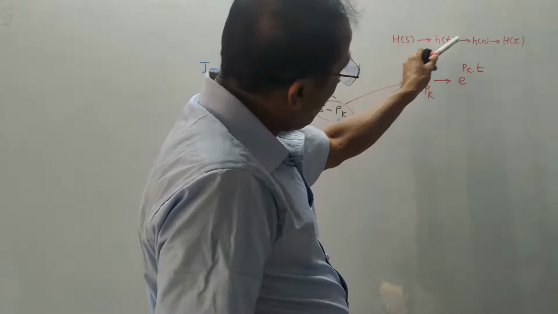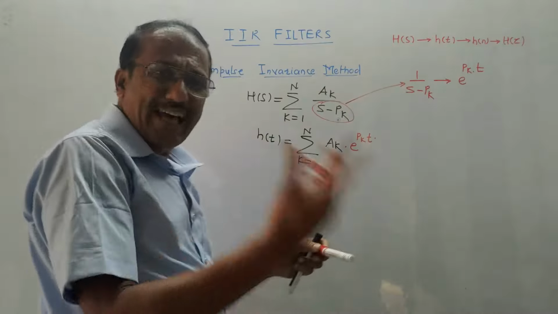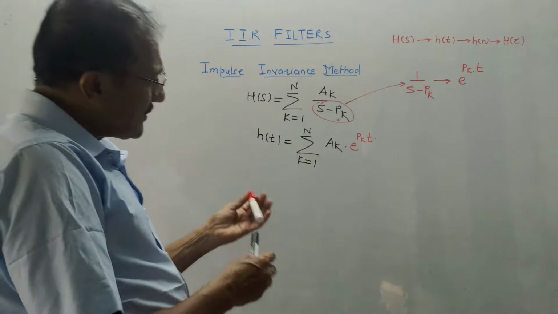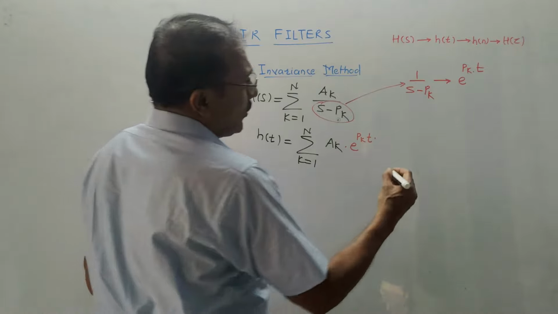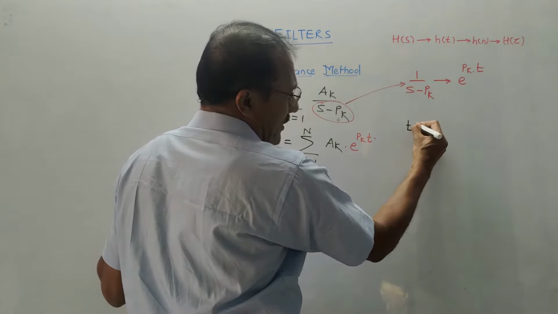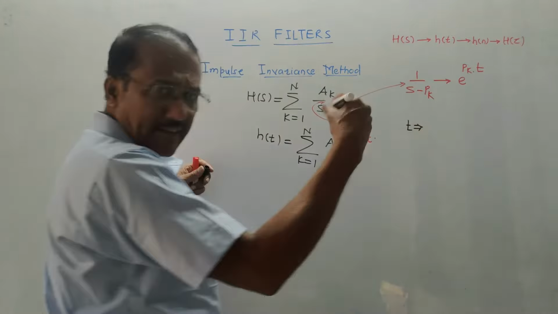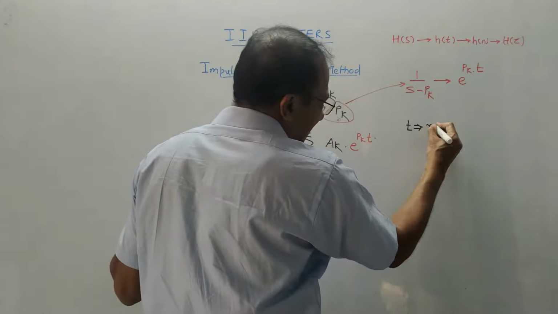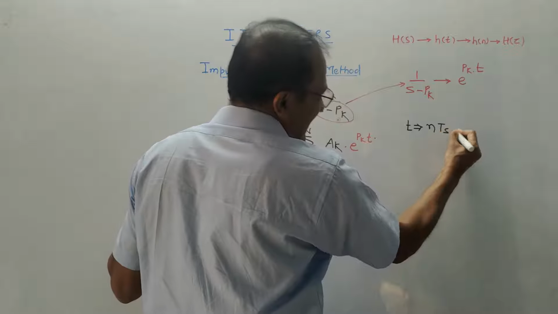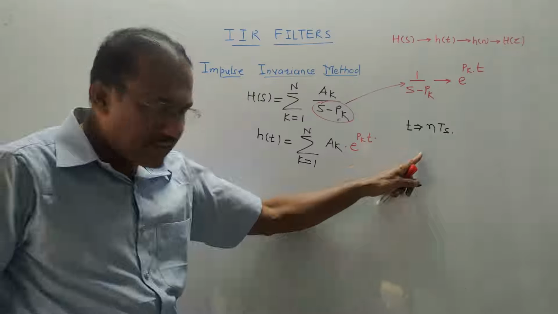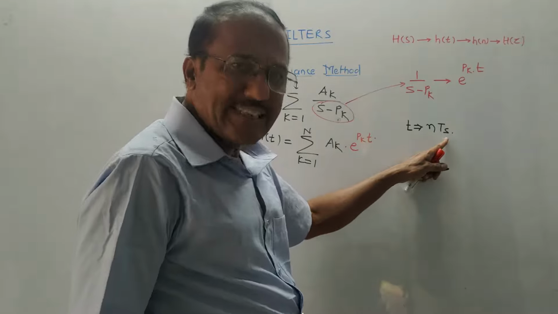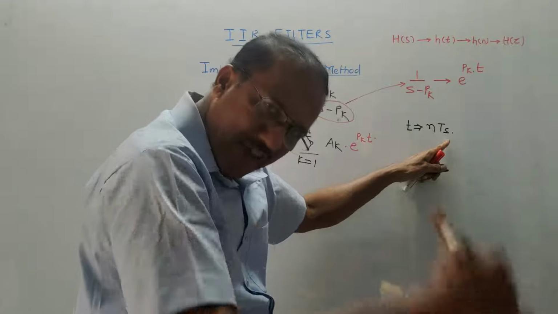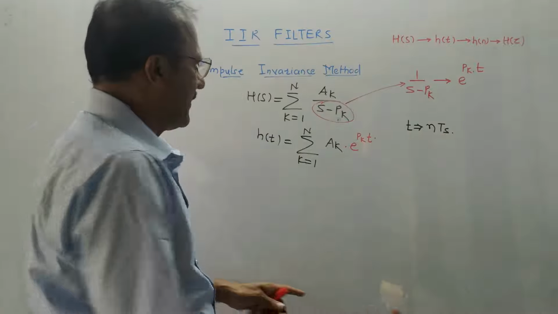Now the next step is to obtain h of n by performing sampling. In case of sampling, theoretically, what you are supposed to do: t represents time, or it is in time domain. So replace t by n into Ts. n represents discrete signal. Ts represents sampling time, which is 1 by fs, the reciprocal of sampling frequency.